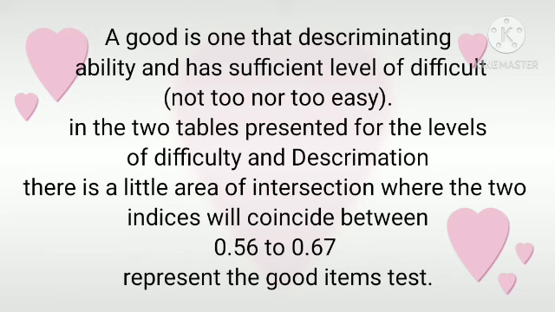Sa dalawang talahanayan or in the two tables, okay, so pinapakita sa mga antas na kahirapan at discrimination, mayroon isang maliit na lugar ng intersection kung saan ang dalawang mga index ay magkakasabay sa pagitan ng, okay, so 0.56 ito yung mas mababa. And then 0.67, ito kunti lang yung pagitan ng dalawa. So at the end of the report, items are listed according to their degree of difficulty.